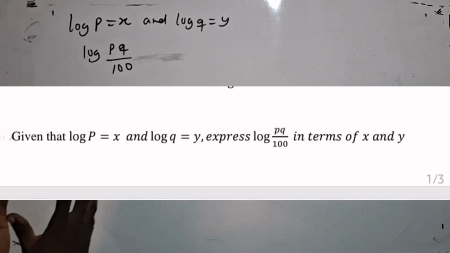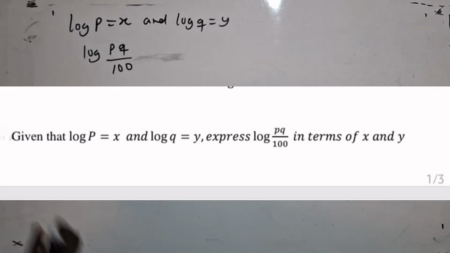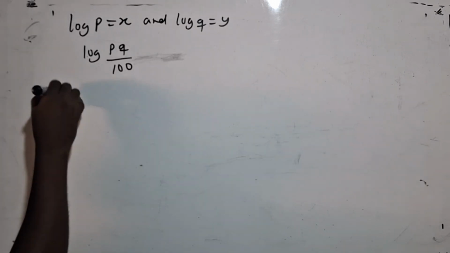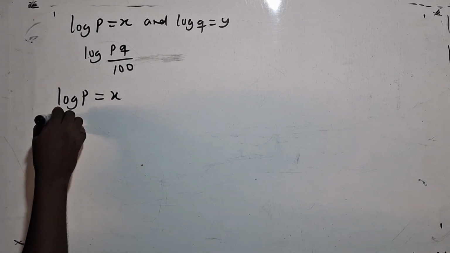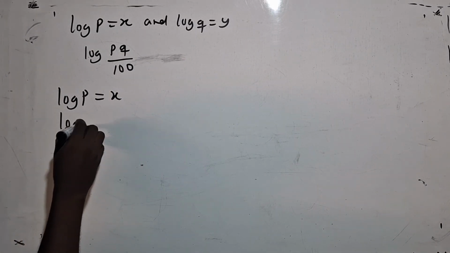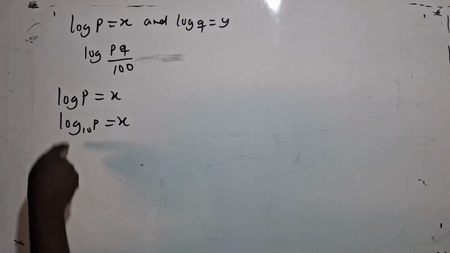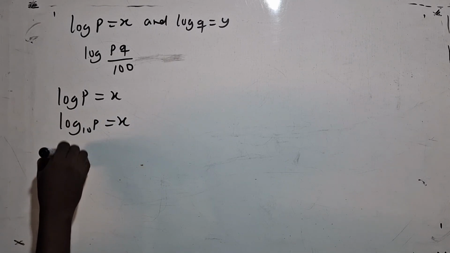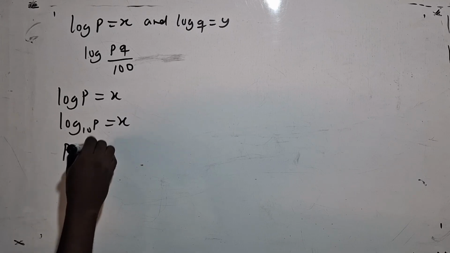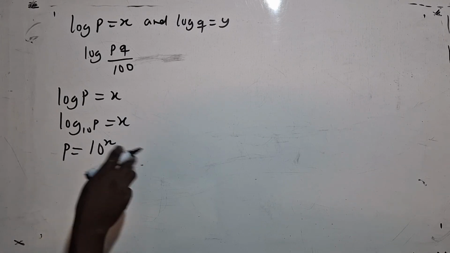This is what the question has given us. What we have to understand is that log p equal to x is the same as log to the base 10 of p is equal to x. I've introduced it because a log without a base is base 10. So now we have p is equal to 10 to the power x.